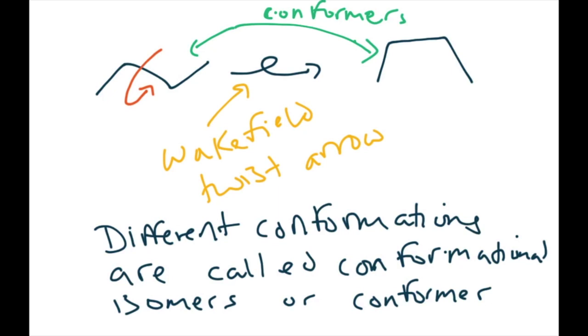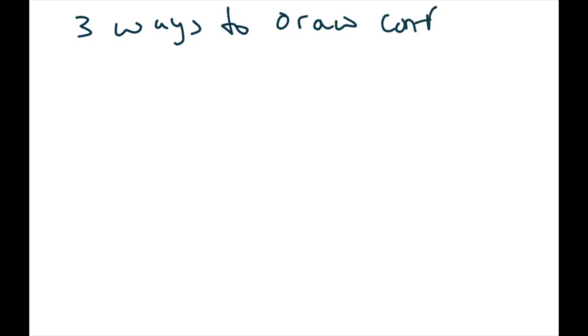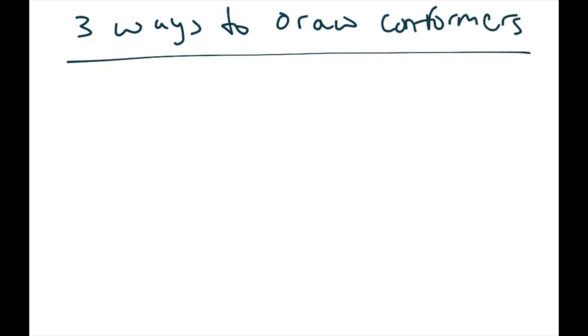All right, so there are three main ways that we can draw conformers. There is the wedge dash method.